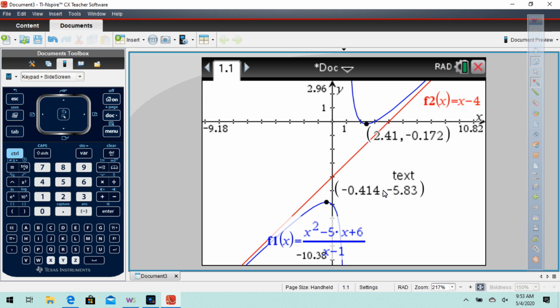Okay. So our range is going to be greater than -0.12 and less than 5.83.